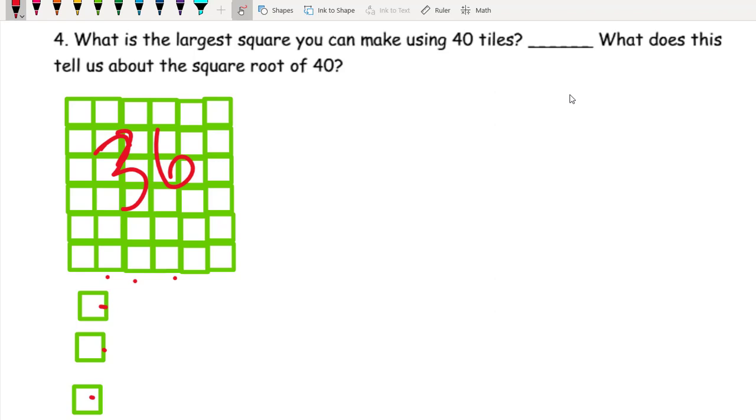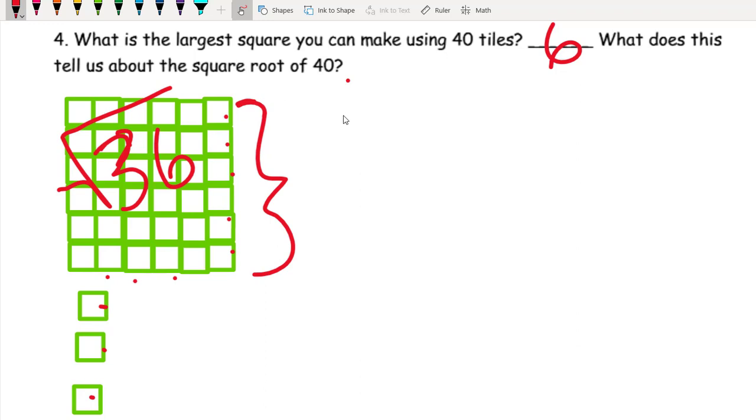So what's the length of one side of this big square right here? What's the square root of 36? So if you count one side, you should get 6. What does that tell you about the square root of 40?